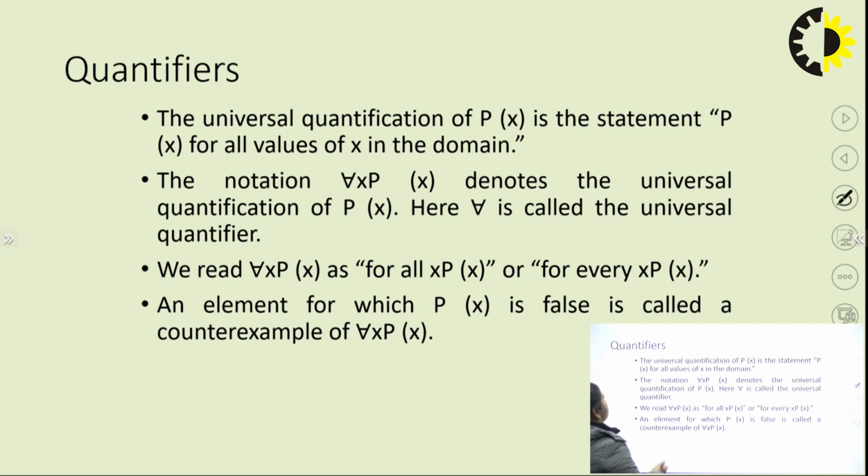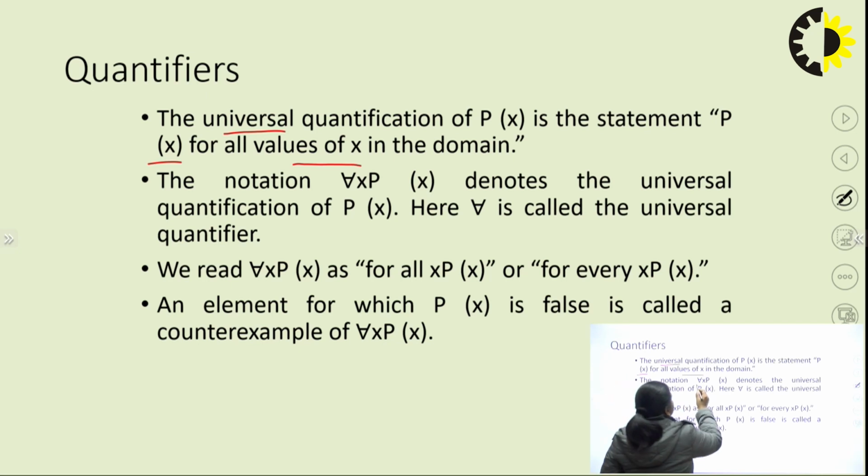The first one is universal. The universal quantification of Px is the statement Px for all values of x in the domain. Whatever domain is given, it will take any value from the whole domain, and it will be true for all the values of x in the domain.